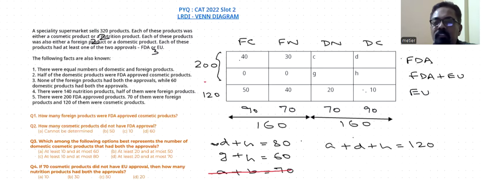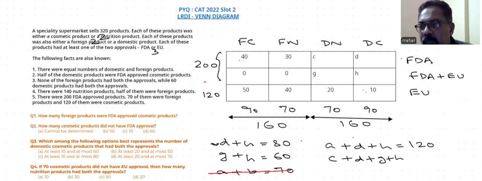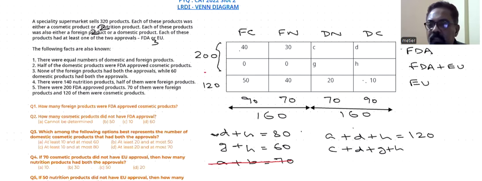So 40 plus 30, 70 has been covered. So the rest, we can say C plus D plus G plus H is coming as 130.